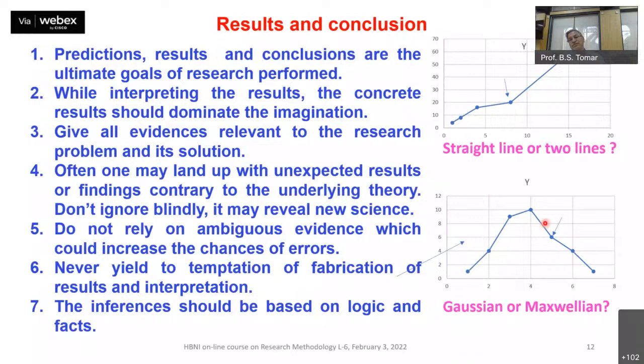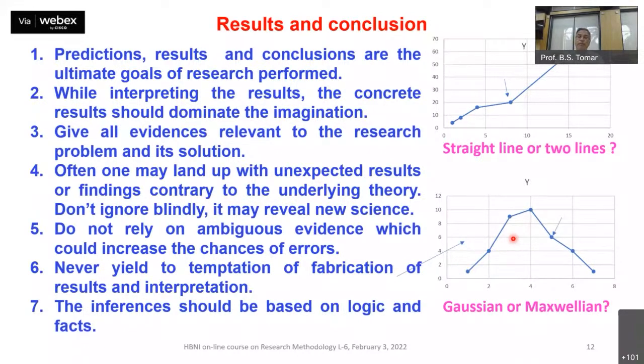Similarly here, what I did actually, it was a Gaussian type of graph. And you can see here, they are symmetric points. This point was here, so it will look symmetrical. But the moment I brought this down, it looks more of a Maxwellian. So you are wondering whether this data is fitting into a Gaussian or a Maxwellian, and we may derive a new theory.